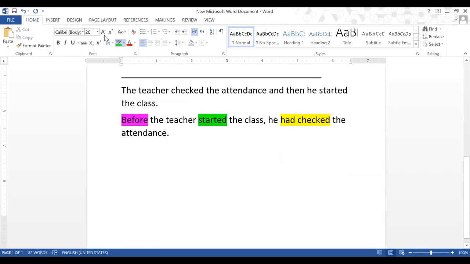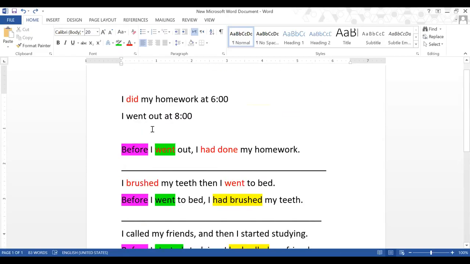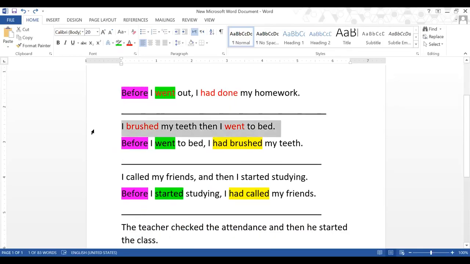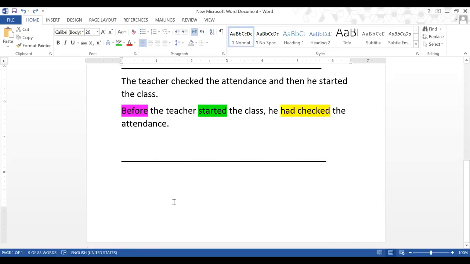Now we can start with another word or expression, which is after, okay? Have a look at this example. Before I went to bed, I brushed my teeth and then I went to bed.